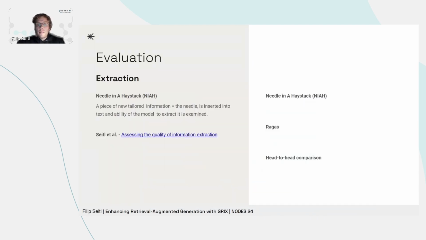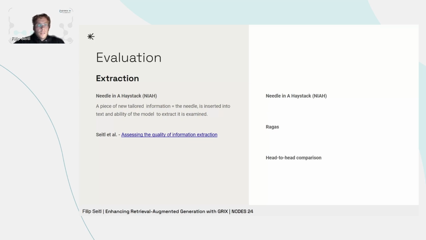Okay, so once you have a graph, you are able to retrieve the information. The question is how to evaluate whether you extract properly, whether you create the graph properly, and whether your retrieval is good enough. The basic problem here is that we lack any labeled data, any state of the art labeled database.